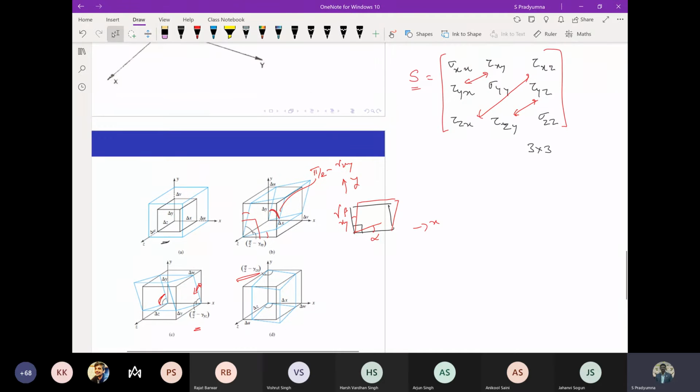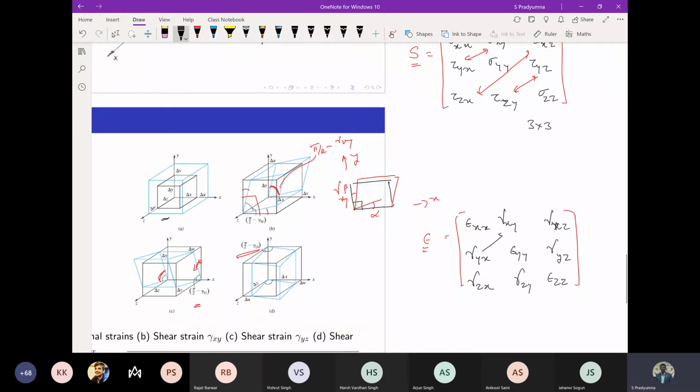And if I come to the strain tensor, epsilon x or epsilon xx, epsilon yy, epsilon zz are the normal strains, creating the change in the length of the element. And I can have gamma xy, gamma xz, gamma yx, gamma yz, gamma zx, gamma zy. These are the components of strain at a particular point for any state of stress.